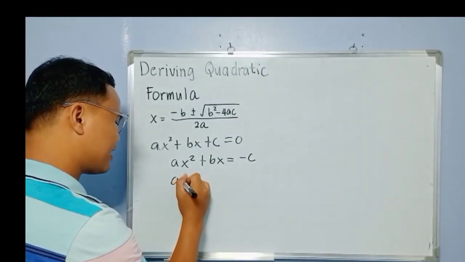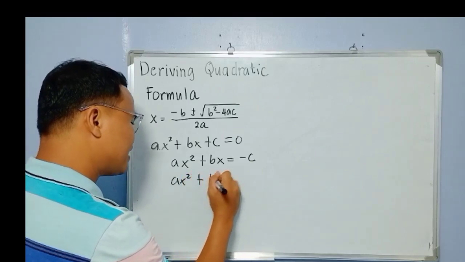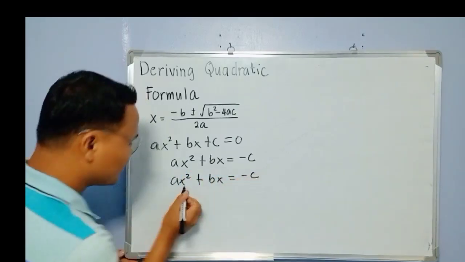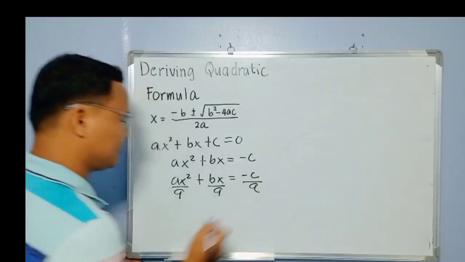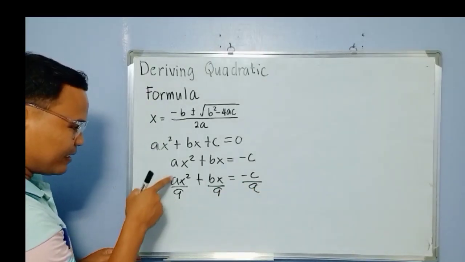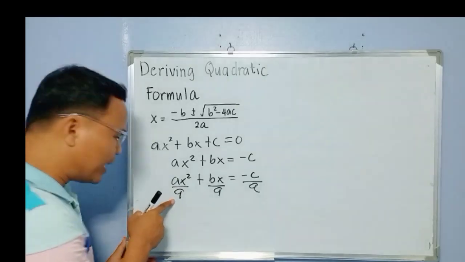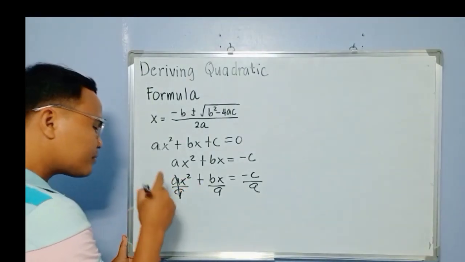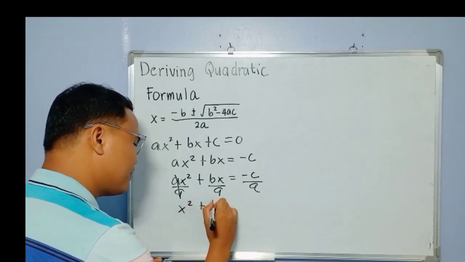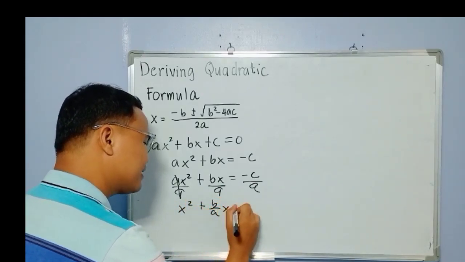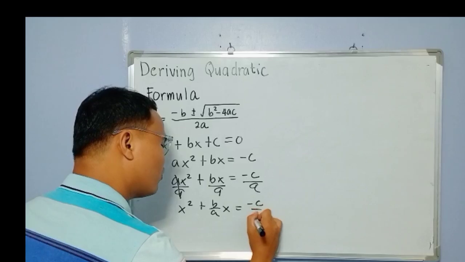So we have ax squared over a plus bx over a equals negative c over a. What will happen to this? a over a is equal to 1, and 1 times x squared is x squared, plus b over a x equals negative c over a.